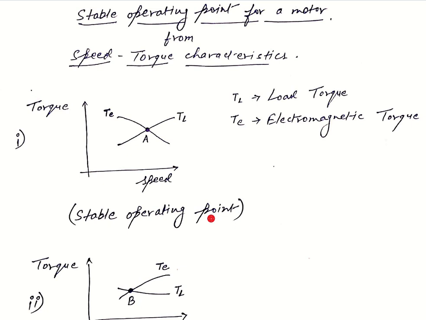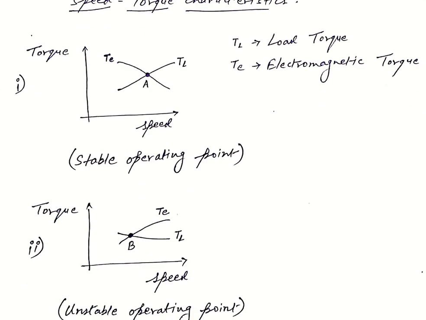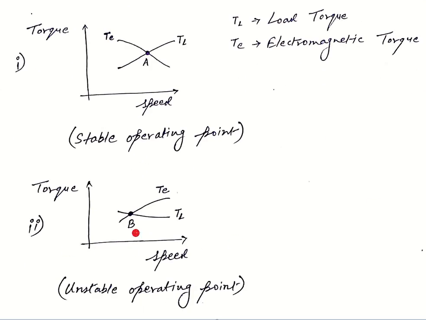Now, let us consider another example. Look at this graph. This TE is this line and TL is this line. Now, for point B, if we consider this point here, TE, that is electromagnetic torque, is less than TL, load torque.